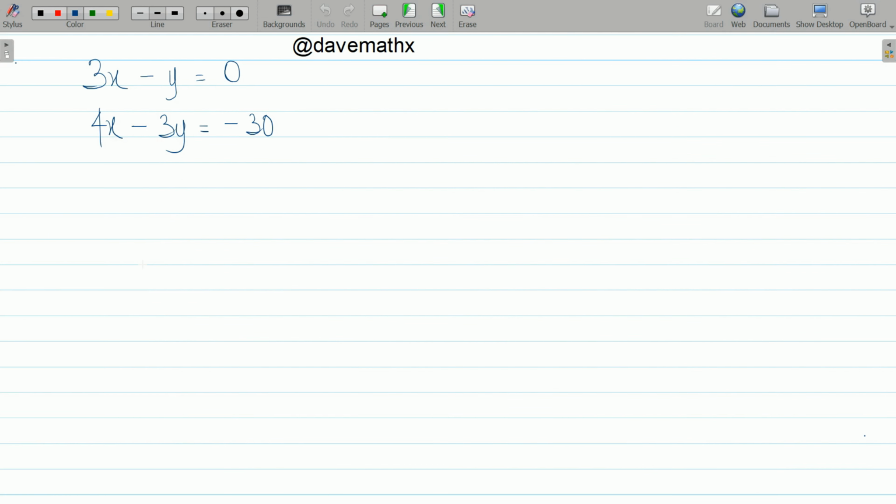Three x minus y equals 0 and 4x minus 3y equals minus 30. Multiply all of equation 2 by the coefficient of x in equation 1 and vice versa.